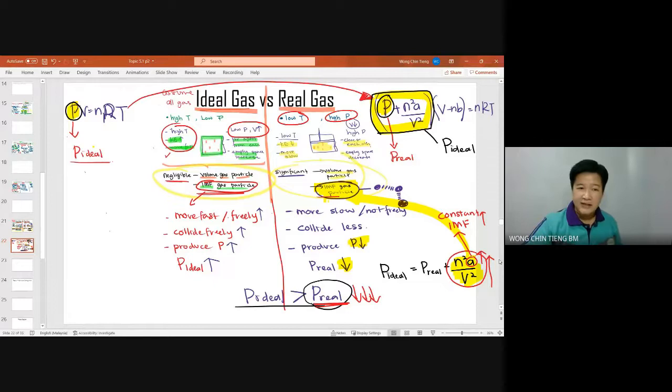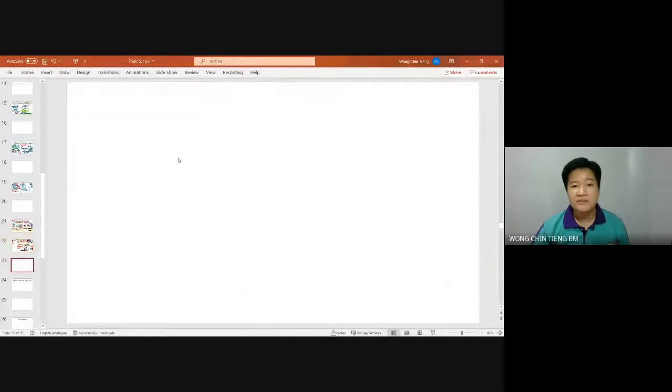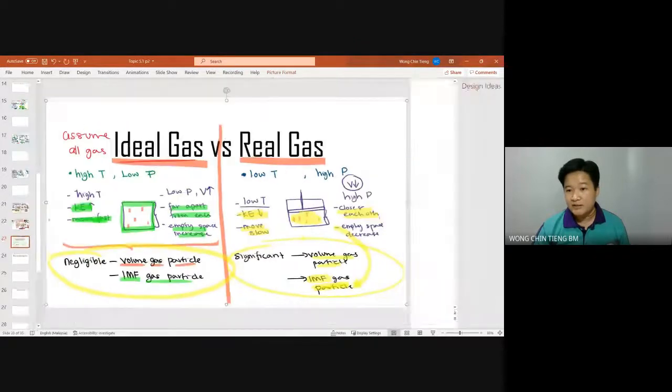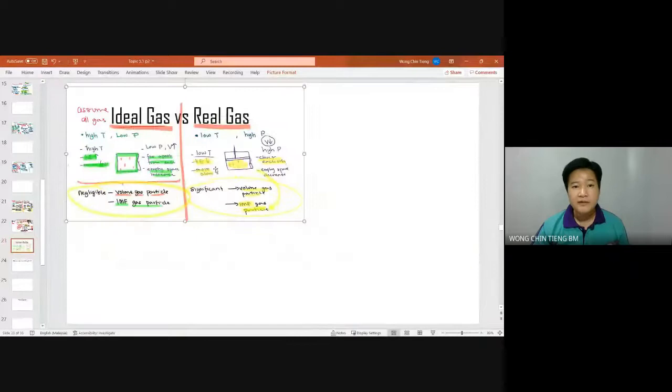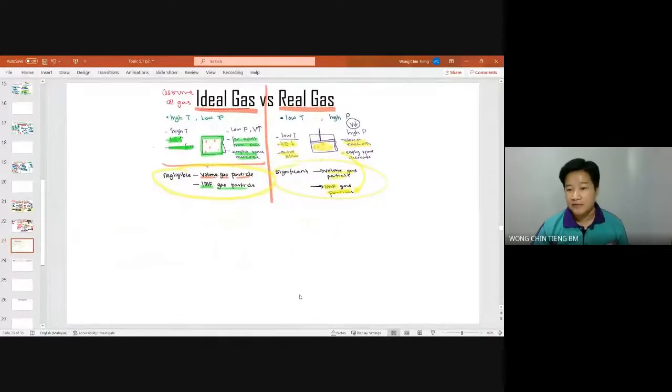Alright. Next. Similar thing, but we are going to talk about the second correction. The second correction that we are going to talk about is about volume. Okay? Sama, masih adalah guna your ideal gas and your van der Waals. So I have my ideal PV equals to nRT.